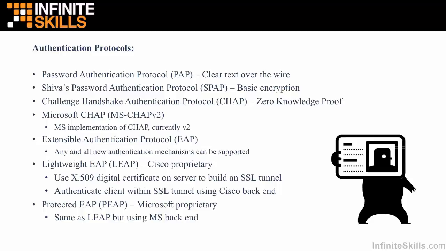Now, what this does is it sits on top of MS-CHAP and is basically an application programming interface for authentication services into the MS-CHAP authentication engine. It basically supports any current authentication scheme that isn't natively supported, as long as that authentication mechanism, whatever it is, is written to the EAP application programming interface, the API.